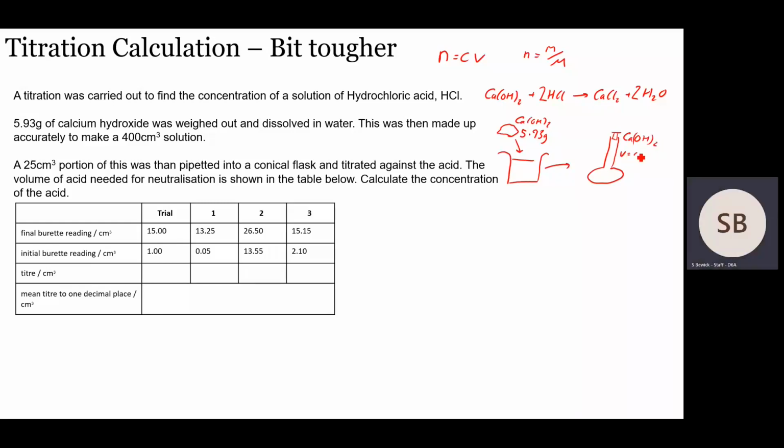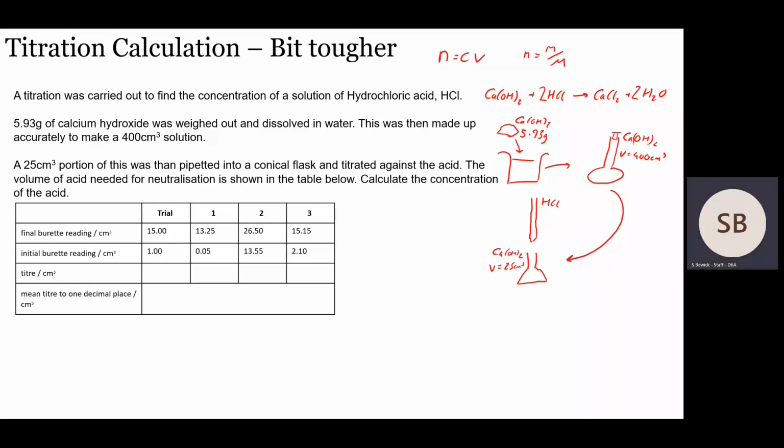And we know the volume equals 400 centimeters cubed. And then we're going to take from our volumetric flask 25 centimeters cubed portions. So we've still got calcium hydroxide in the conical flask, but this time our volume is only 25 centimeters cubed. And we're going to titrate that against HCl.